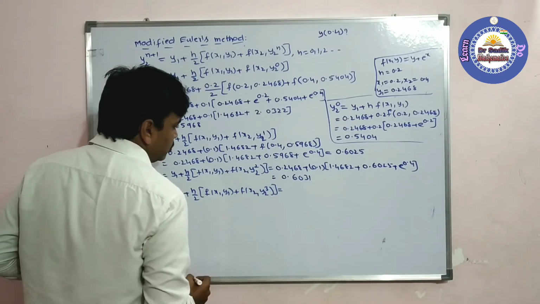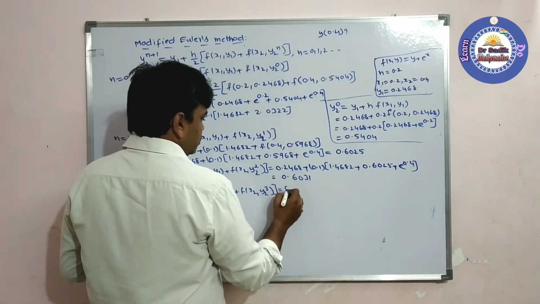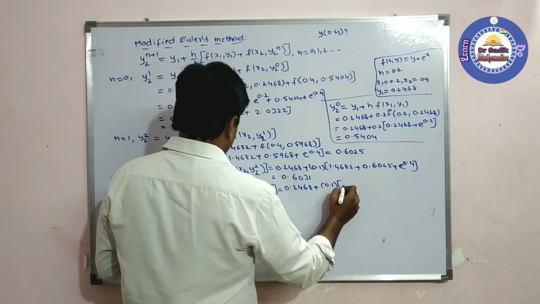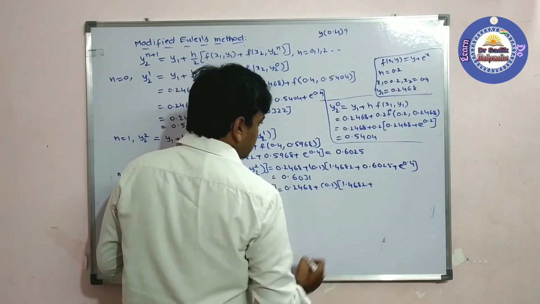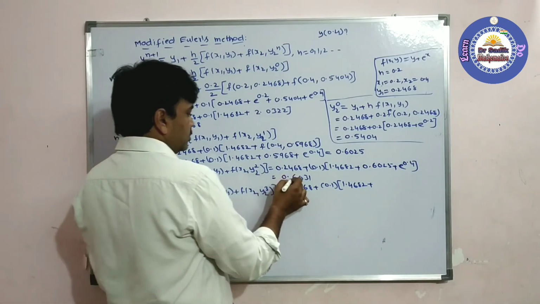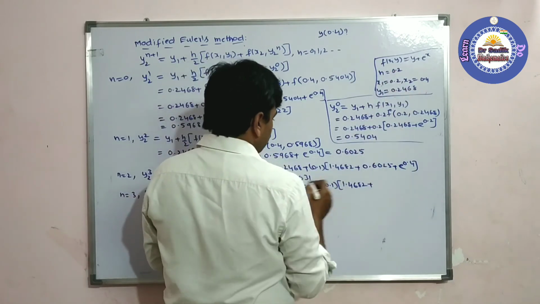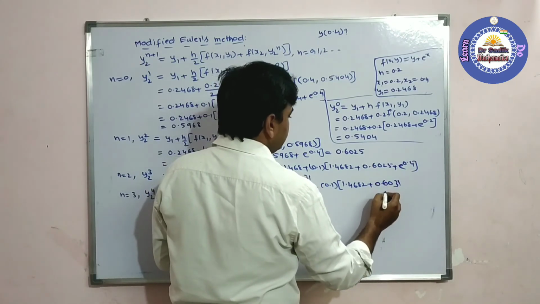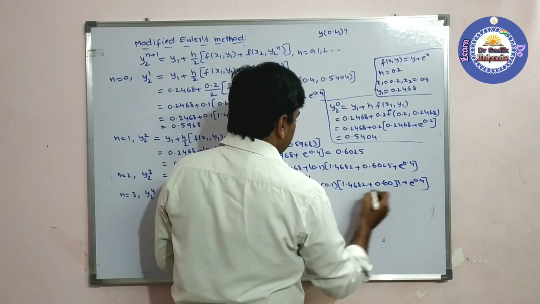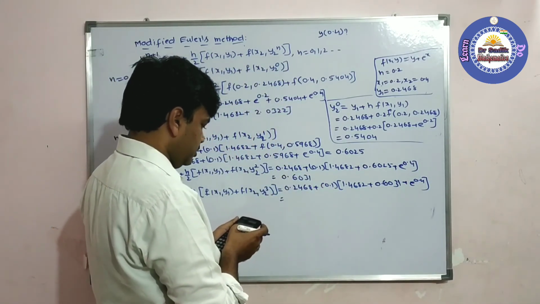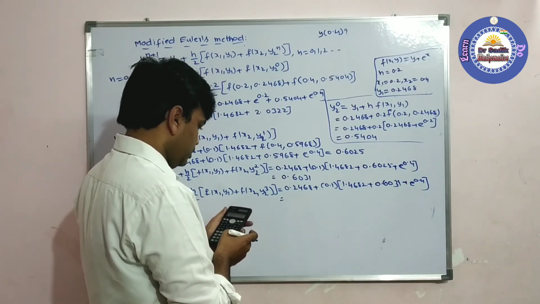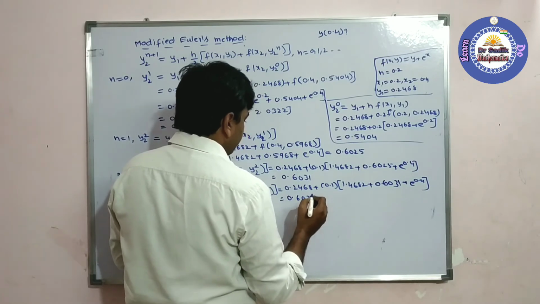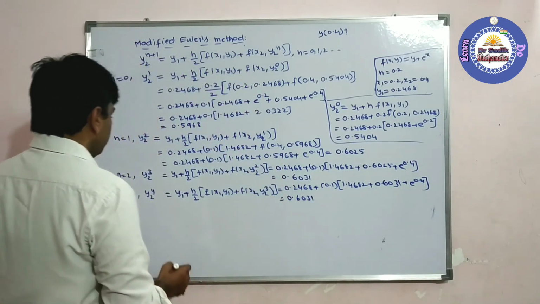The y1 value is here, 0.2468 plus 0.1 into f of x1 y1 value, 1.4682 plus, see, the y2 power 3 value is 0.6031, so this can be written as y, 0.6031 plus e power 0.4, bracket close, that is equal to, simply changing here, 0.6031, we get the same 0.6031. So two values are the same.